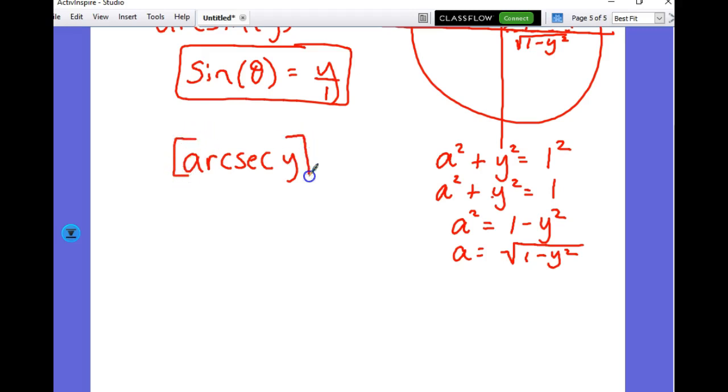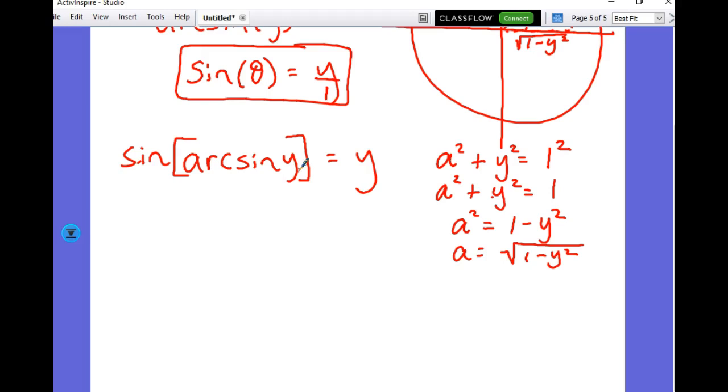I'm going to do the same trick we did with the inverses: sine of arc sine of y should just come out to equal y, because when you plug an inverse function into the function itself, the sine cancels the arc sine, and you're just left with the y, just like we had on our last video about the derivative of an inverse, right? And that's going to be the approach that we take here.